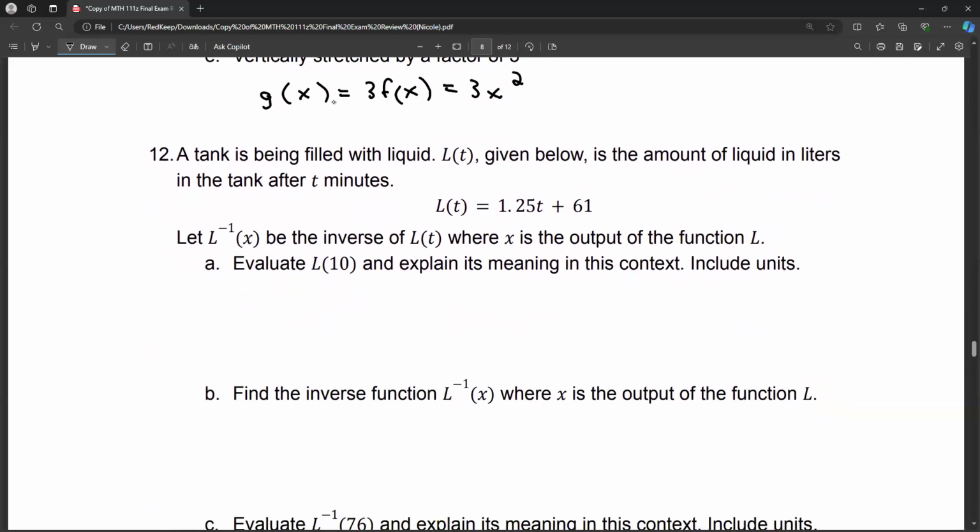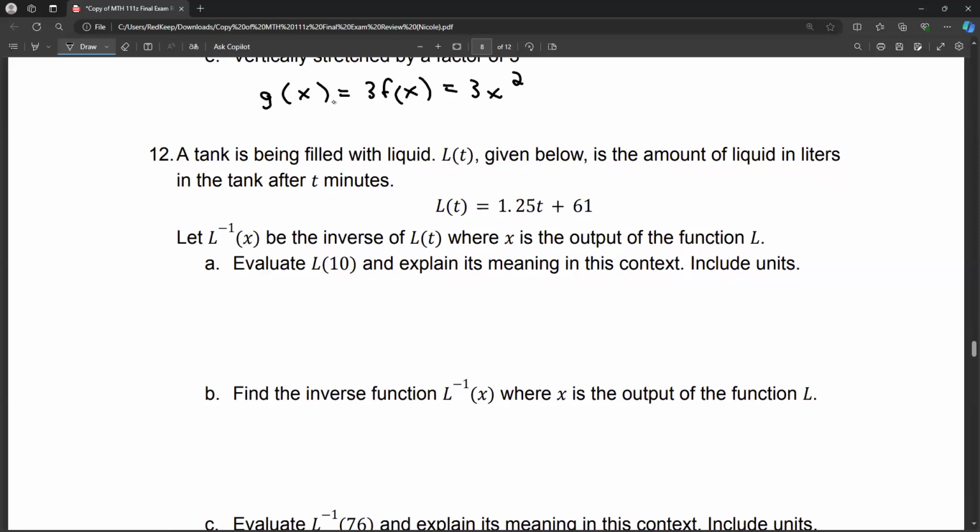Moving on to question 12, we have our first story problem. And you, of course, read it over. They're asking us to evaluate L of 10 and explain its meaning in the context for part A, and of course, always including the units.